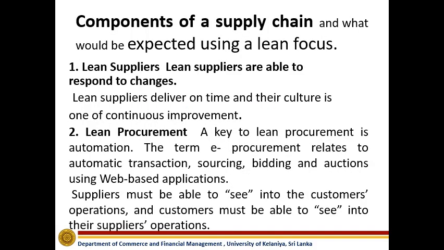And components of this supply chain and what they expected using the lean focus. එතකොට lean suppliers, lean suppliers are able to respond to change. එතකොට lean supplier කෙනෙක් කියන්නේ වෙනසකට අනුගත විය හැකි.